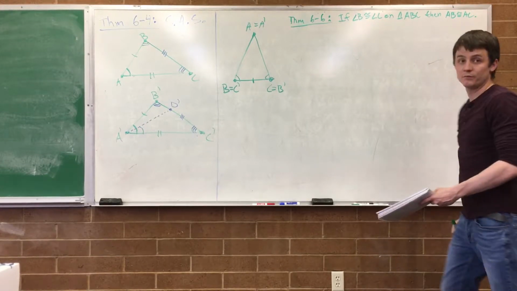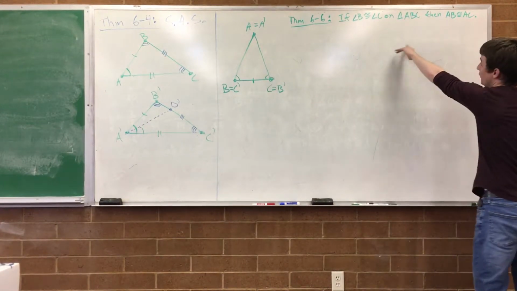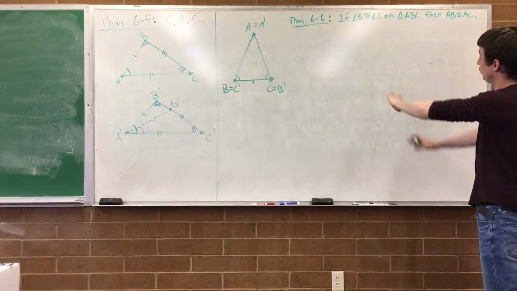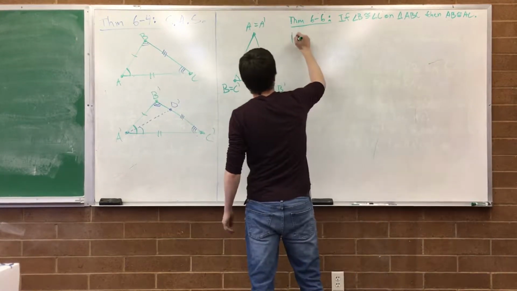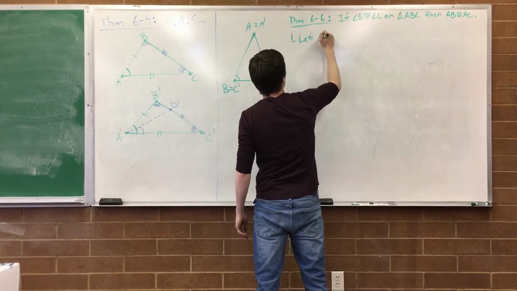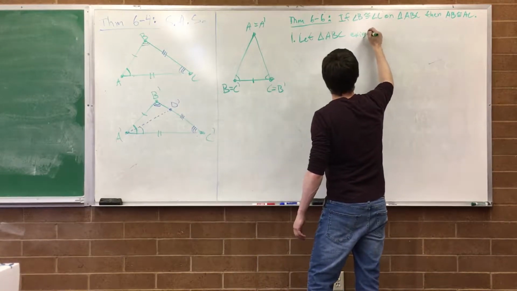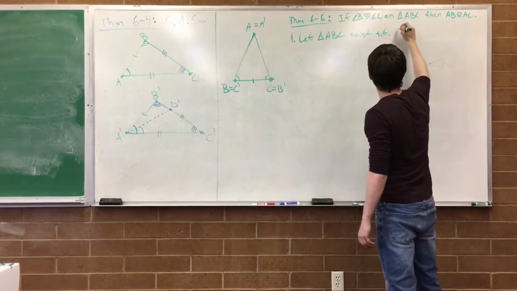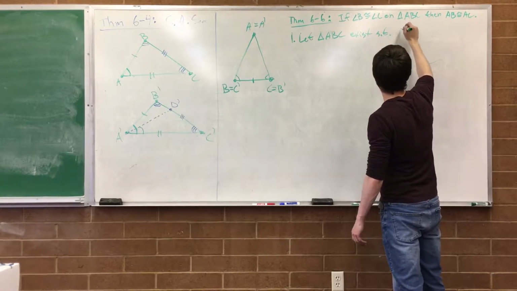Okay? And the other one just did the converse of this. So, the big picture is exactly what we talked about here. So 1, let triangle ABC exist such that angle B is congruent to angle C.